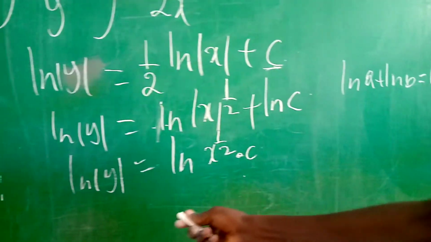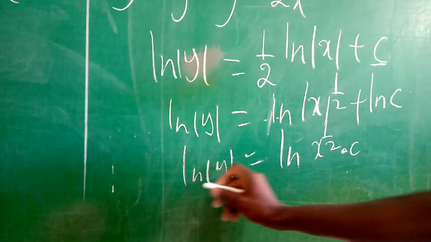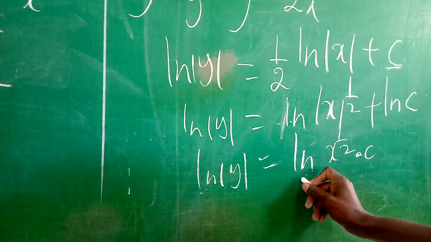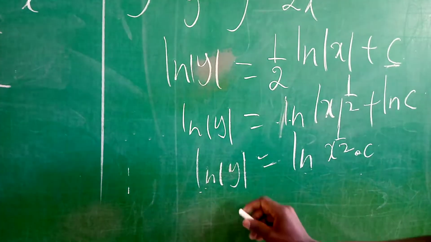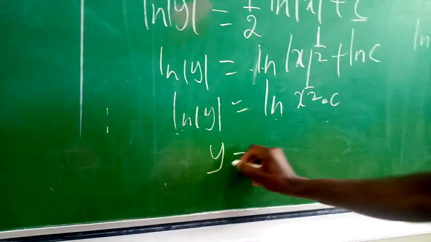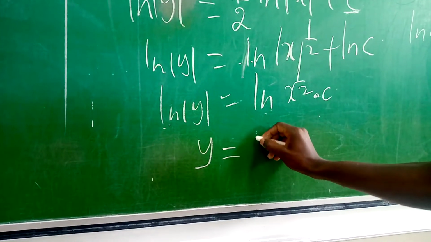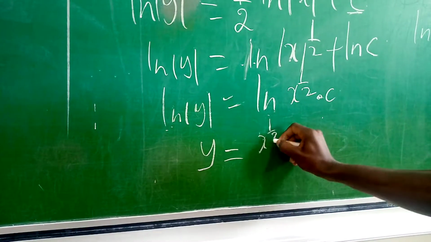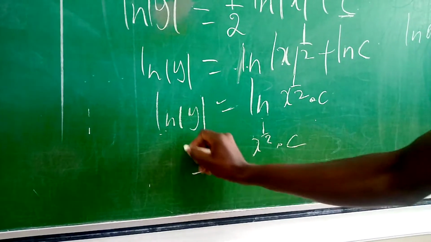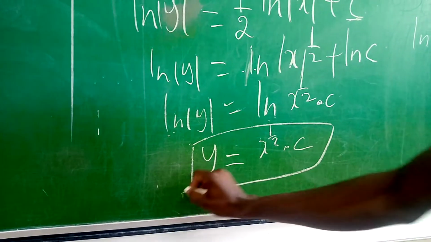Then since both sides have ln, we can remove it, and we get y equal to x to the power 1 over 2 times c. Hence we get the solution.